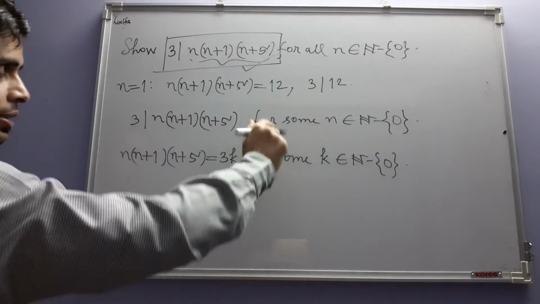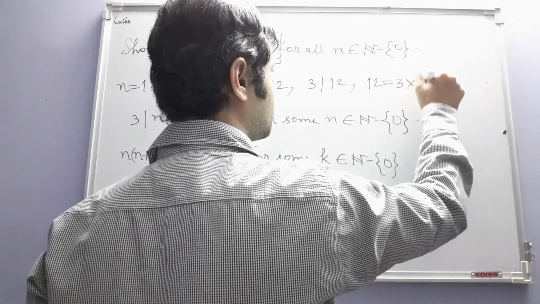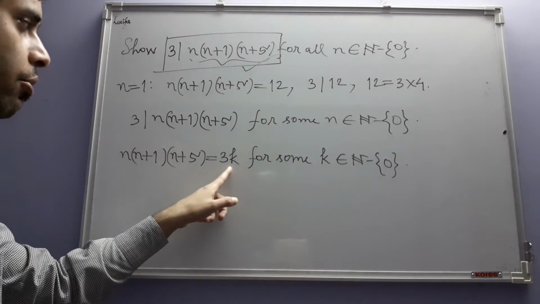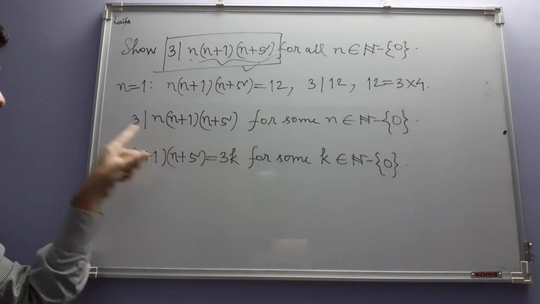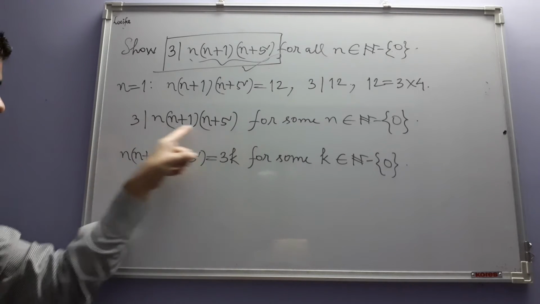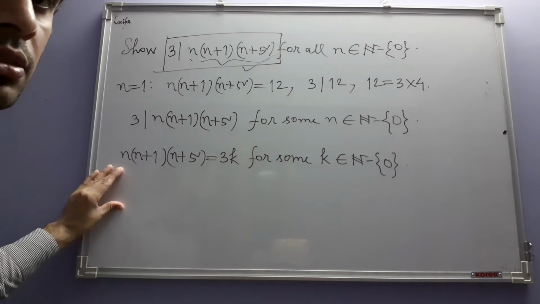It's like writing 12 is equal to 3 times 4. Since we don't know what this k is, we have simply assumed there is a k, and that's what this statement means. There is a positive integer k for which this is true.